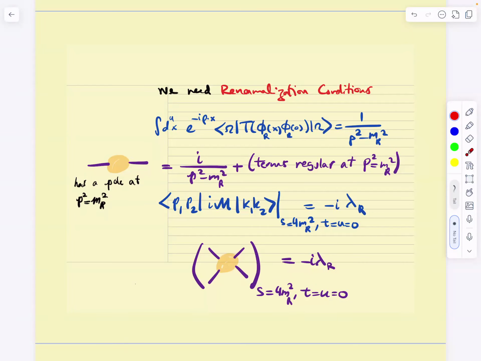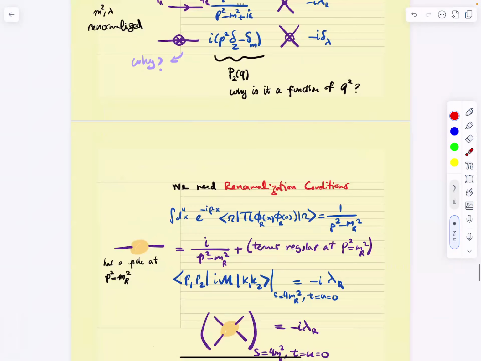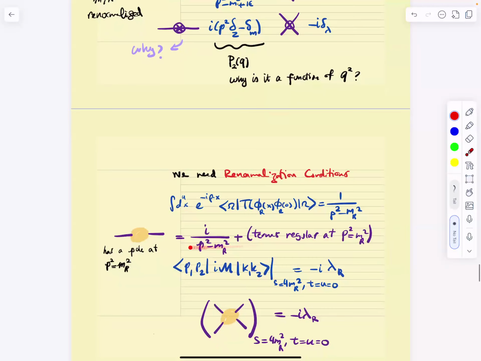So when you look at the 2-point function of phi_r and tune p squared to be near m_r squared, you should have this pole. So the full propagator with these Feynman rules should show this pole at the renormalized value plus a bunch of terms that are regular. This is the renormalization condition for the 2-point function.